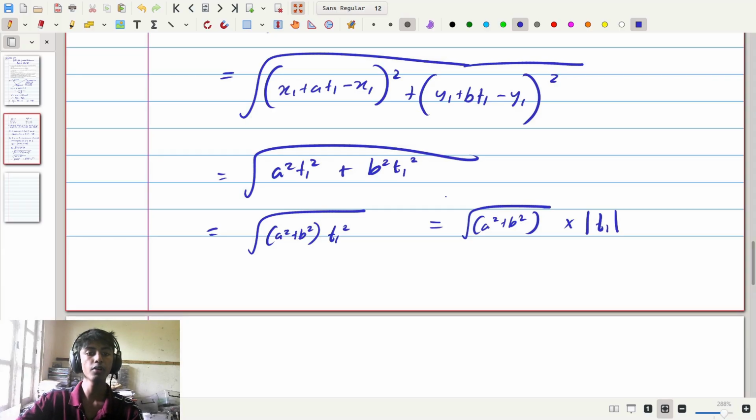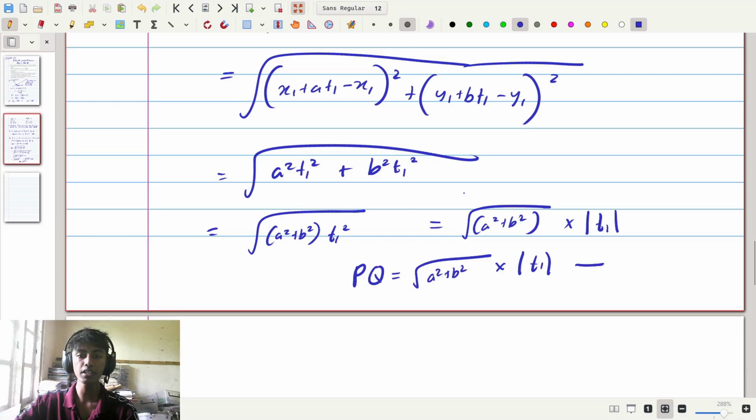And therefore we get this equation for the length PQ. PQ, our perpendicular distance that we want, is equal to the square root of a squared plus b squared times the modulus of t1. This is going to be equation number 1. Now in here we already know a and b. What we don't know is the value of t1.